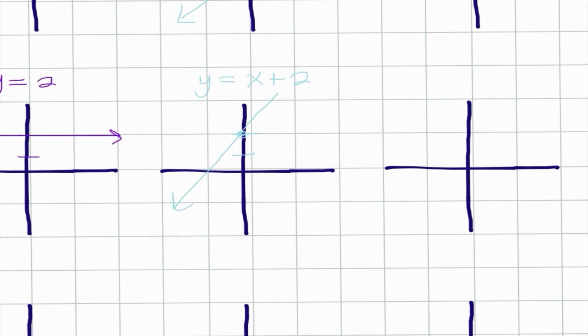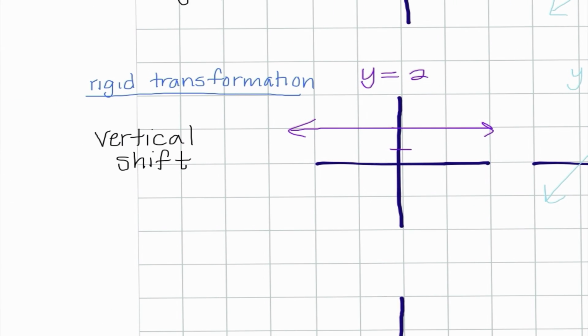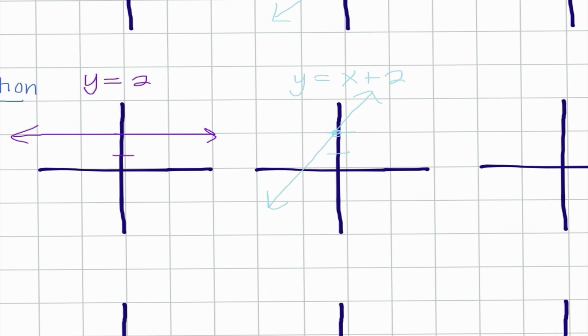Okay, but the important thing is that what this is telling me to do is move the equation up 2 and then draw my line. So once again, we are seeing that this is a vertical shift. So if I'm adding a number here, just like with my constant value, that is telling me how far up or how far down to go.